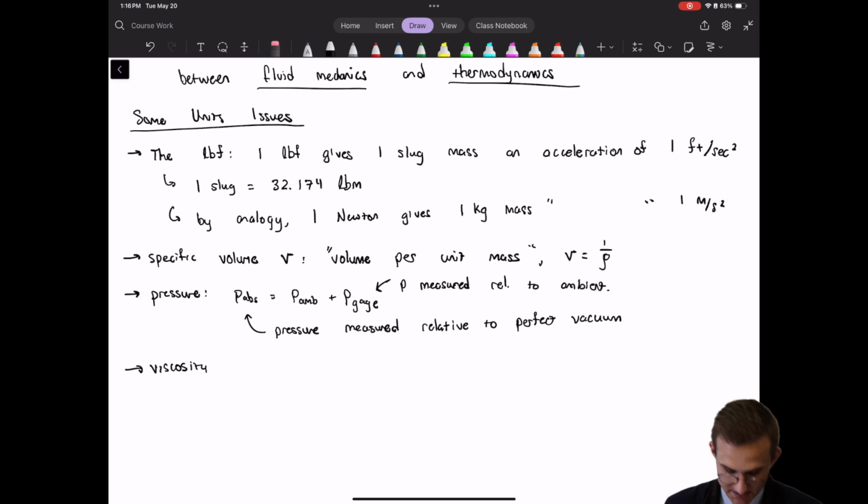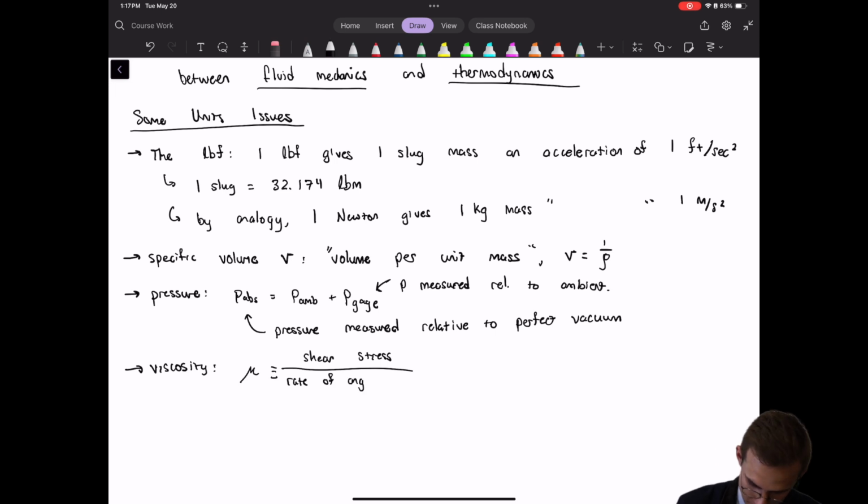There's also this concept of viscosity, usually denoted with the lowercase Greek letter mu. This is defined as the shear stress divided by the rate of angular deformation, at least in words.